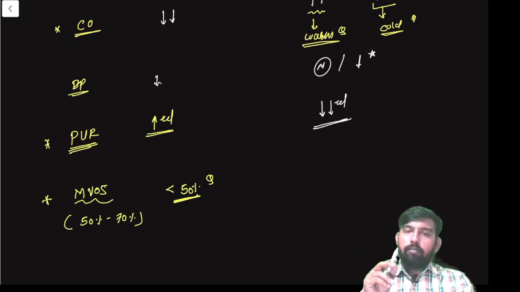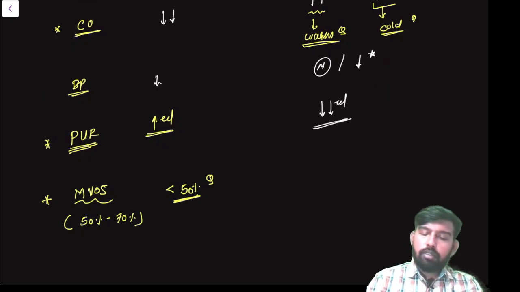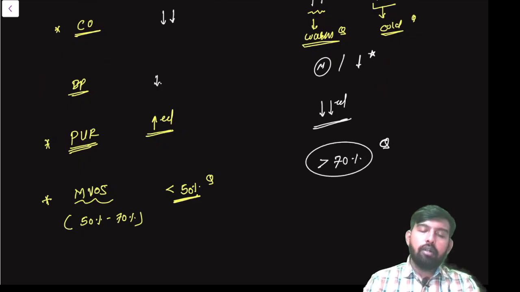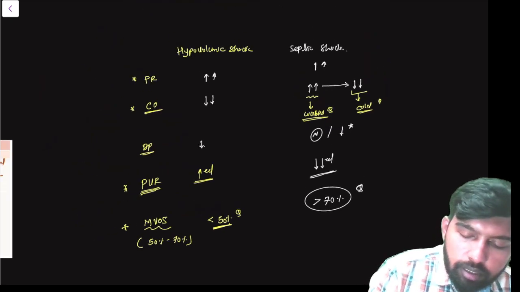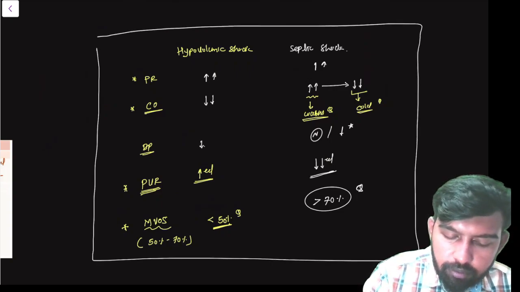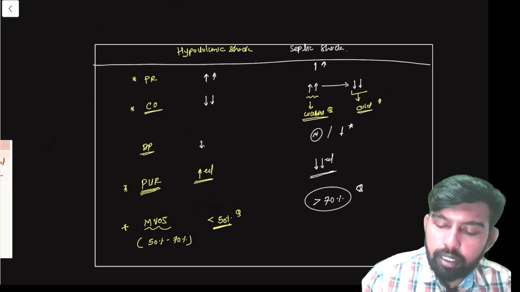So the blood returning towards the heart has an increased oxygen saturation, because the blood returns unutilized. So the mixed venous oxygen saturation in case of a septic shock is more than 70%. So it is diagnostic of a septic shock. So these are the important features in hypovolemic shock and septic shock.